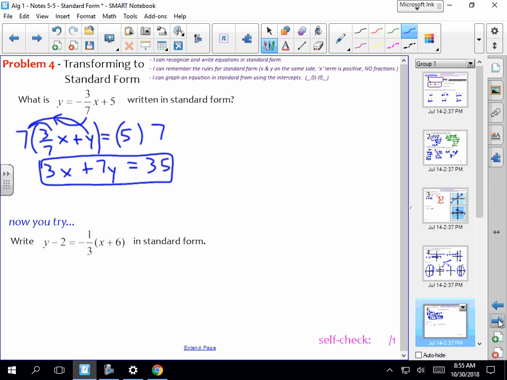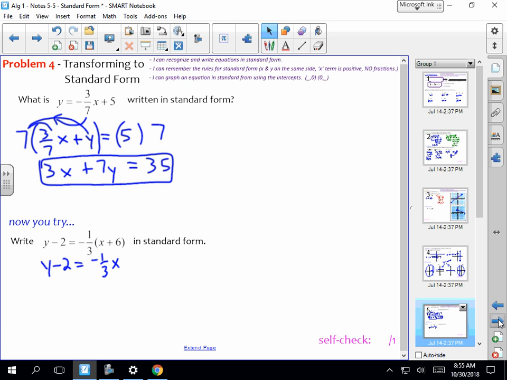Here's one. Do you recognize this form from last time? Remember the name of it? This is point slope form. So to go from point slope form to standard, I'm going to first distribute the negative 1/3 x.